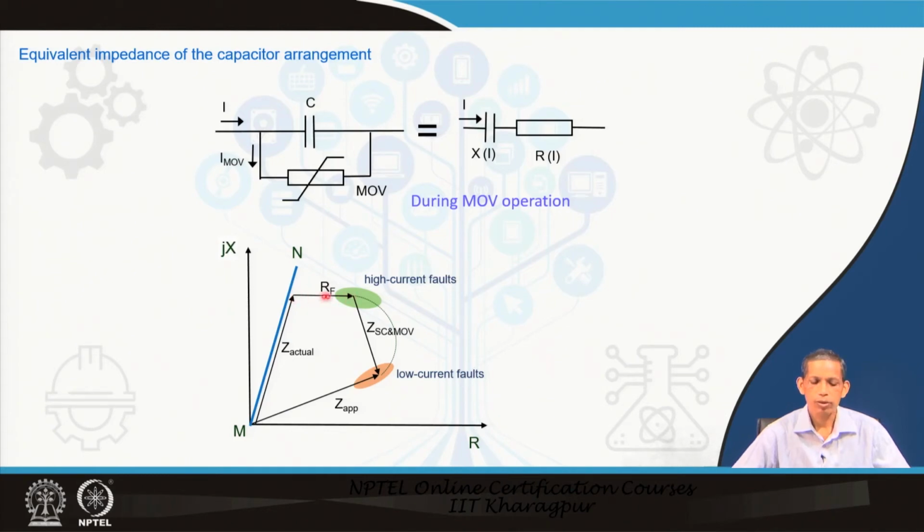In the series compensation aspect, if the current is very high, it means that the capacitor is bypassed, so it behaves like a normal line. The RF will be just as in the normal line case, almost horizontal to the R axis. Now, in case the current is very low, then the MOV will not operate.